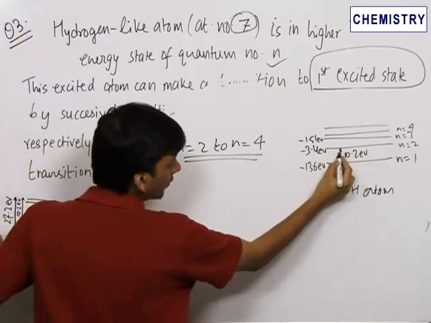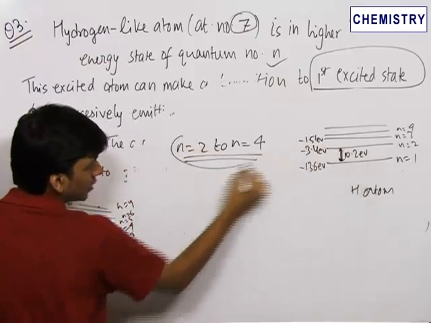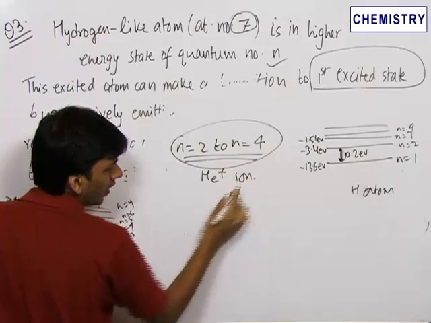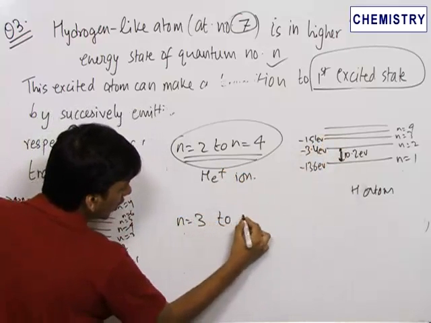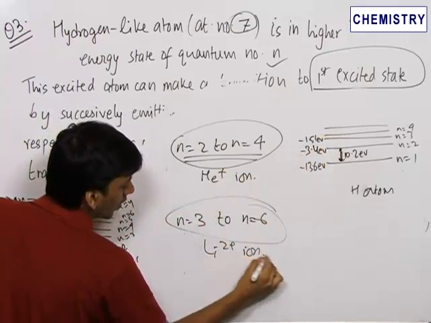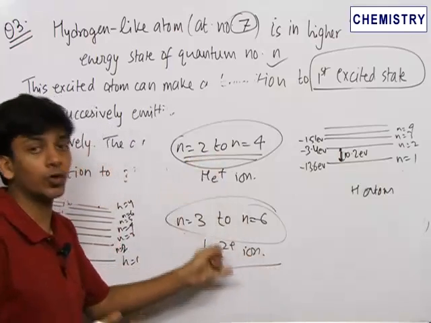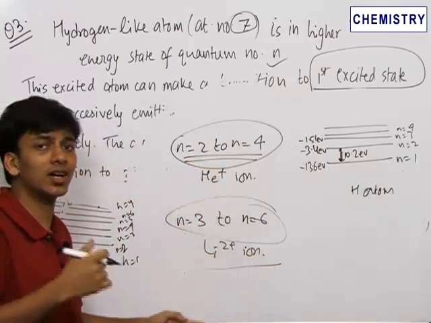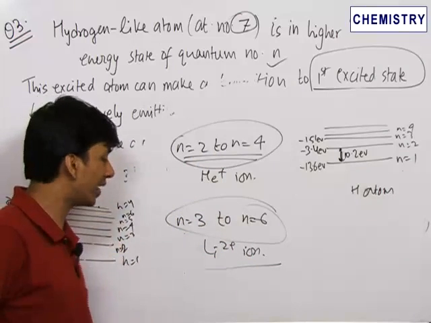This same energy difference of 10.2 electron volts will exist between the states n is equal to 2 and n is equal to 4 for helium plus ion, and this same energy difference will occur between n is equal to 3 and n is equal to 6 for lithium 2 plus ion. This can be easily checked by writing down the equation for the energy difference, that is 13.6 Z square into 1 upon n1 square minus 1 upon n2 square.